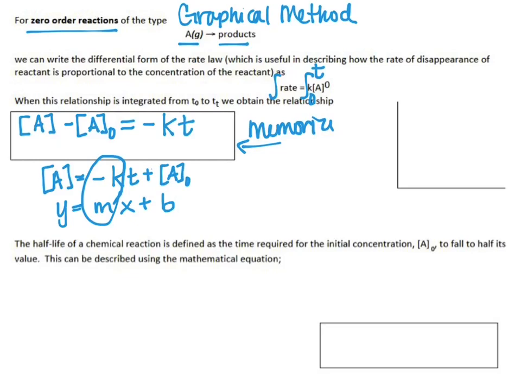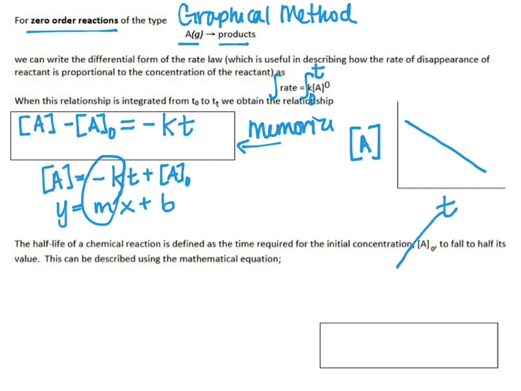When we graph this, our x is always going to be time. And what is our y going to be? Our y is going to be our concentration of A. Now, you have negative kt, so our slope is going to be negative.